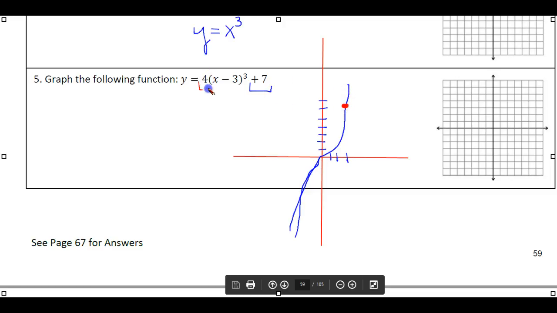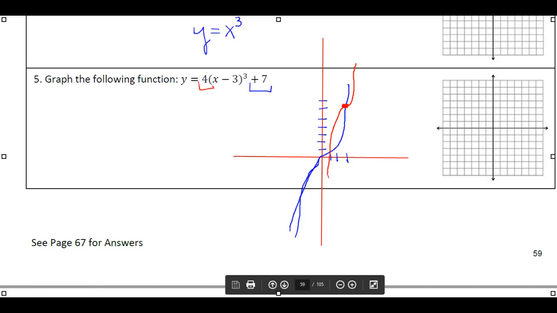And then we have a 4 in there. So instead of being this broad, it's going to be much more narrow. Like so. So up here at 7, but shifted over to the right because of this -3, opposite sign, and because of the 4, it's going to be in closer to your axis of symmetry.